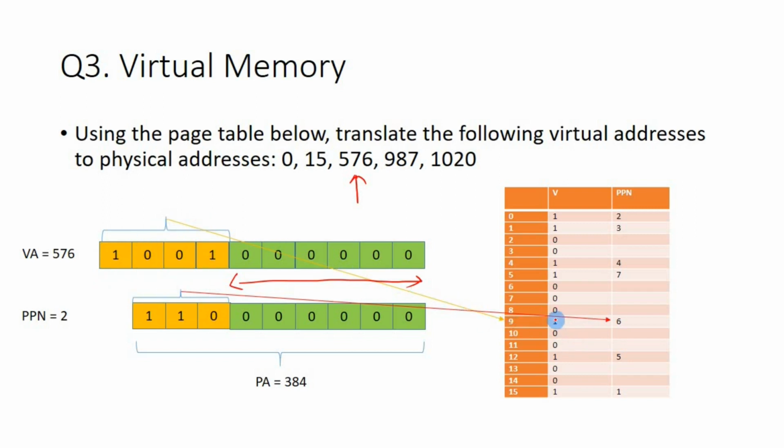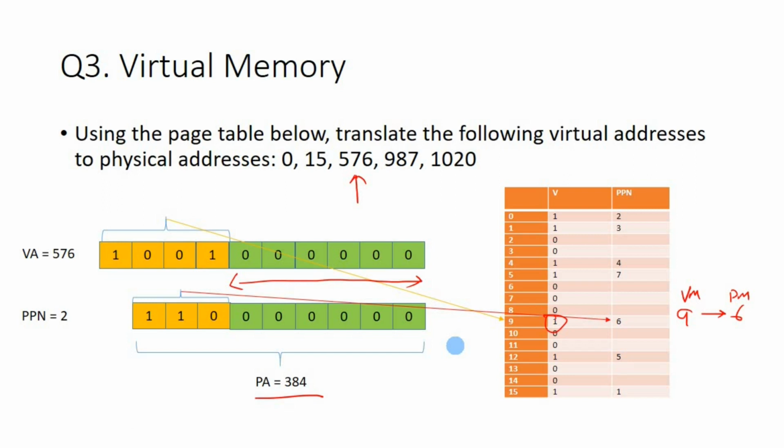Since the valid bit is set, we look at the corresponding physical page number, which is 6. So virtual page 9 maps to physical page 6. I write a value 6 here, and looking at the full 9-bit value, I get a physical address of 384. That means I will go to physical address 384 to get the data.